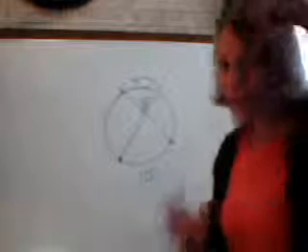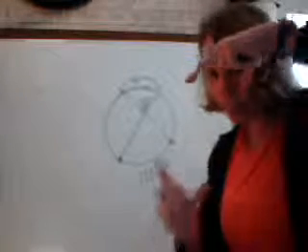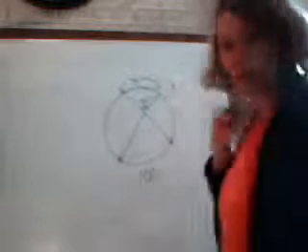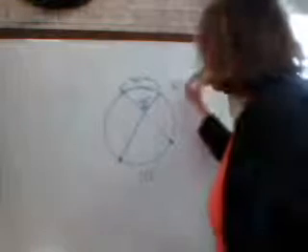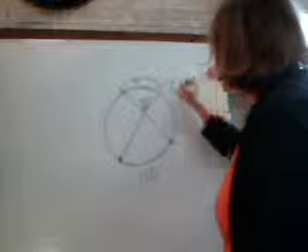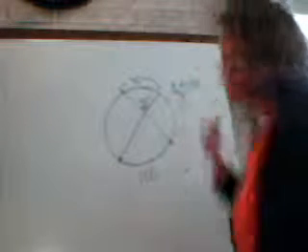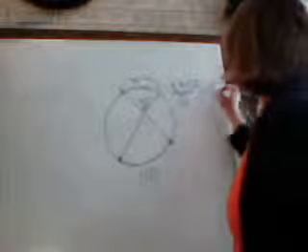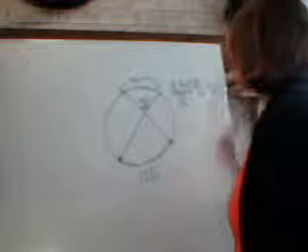Now you're just going to use your formula: add the arcs together, divide by 2, and it gives you the angle. So X is my first arc, plus my second intercepted arc, which is the 100 degrees. I'm going to divide it by 2 because I'm averaging the arcs and set it equal to my angle, which is 75 degrees.